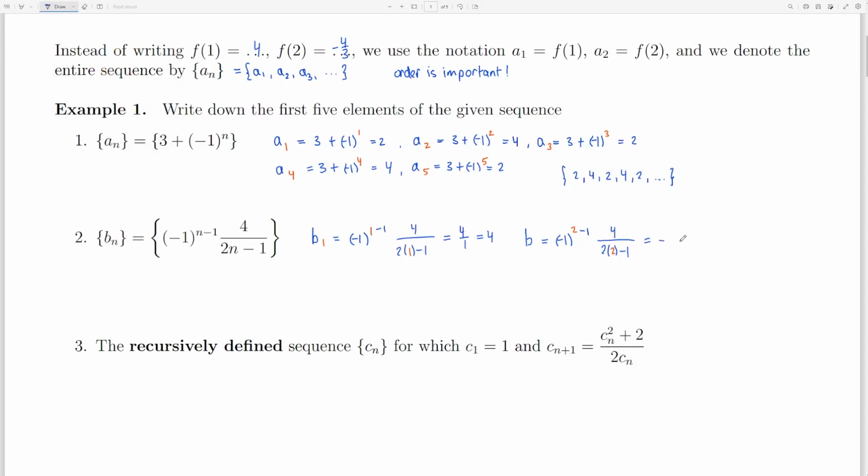And then we have 4 over 2 times 2 minus 1, that gives us 3. So we have -4 over 3. What about b sub 3? b sub 3 equals -1 to the power 3 minus 1 times 4 over 2 times 3 minus 1.